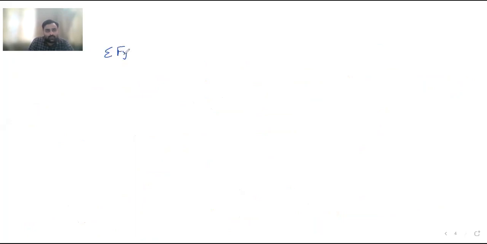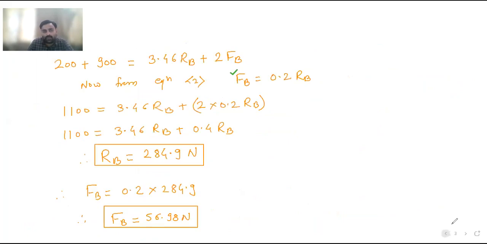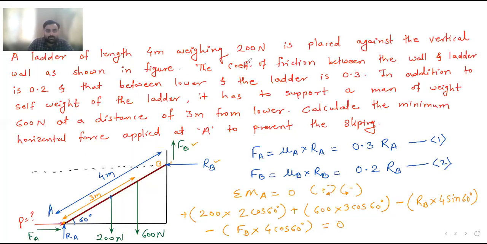The upward forces are positive, downward forces are negative. So now see how many vertical forces are there. Now this FB is moving upward, so it is plus.